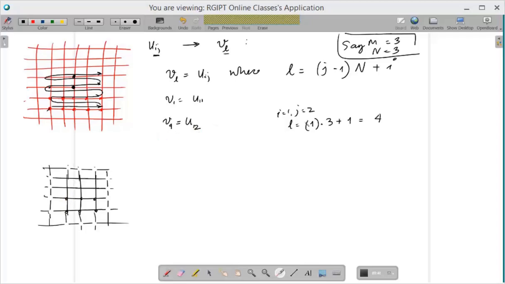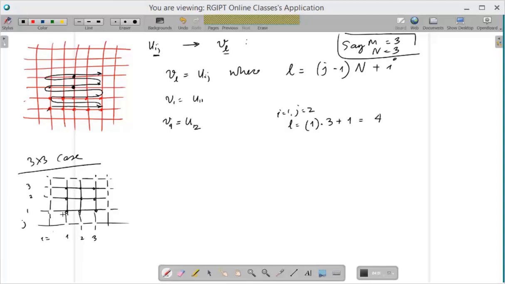So this is 4. So for i equal to 1, j equal to 2, L equal to 4, right? This is i, 1 2 3, and j, 1 2 3. This is another row. 1 2 3 4 5 6 7 8 9. So 9 points. I have got the 3 by 3 case.